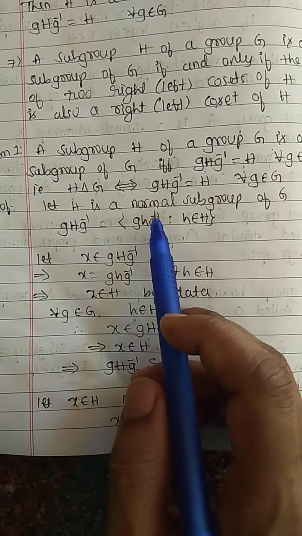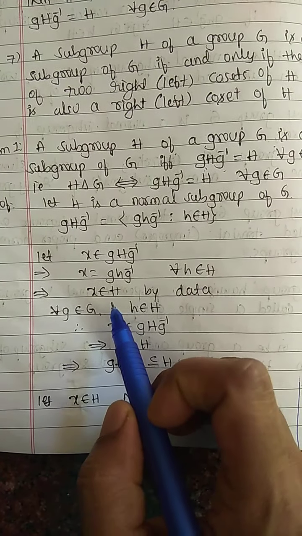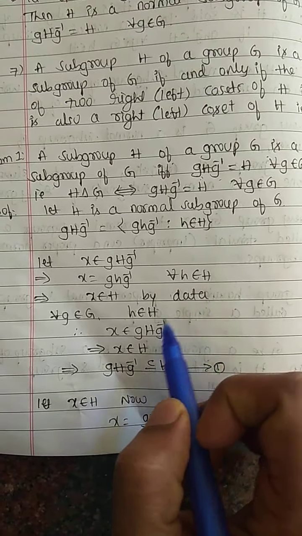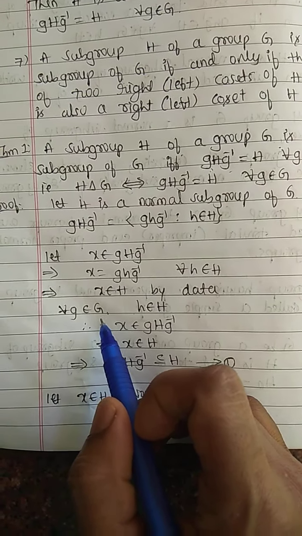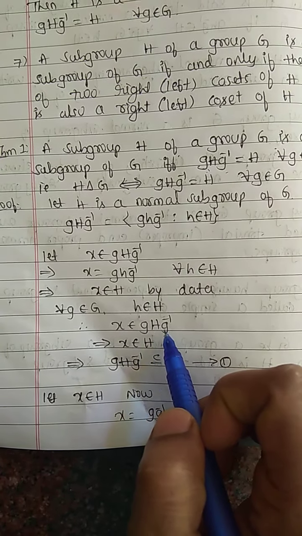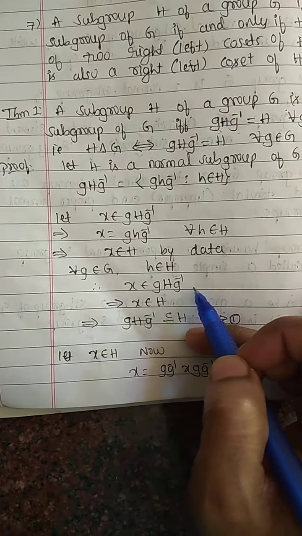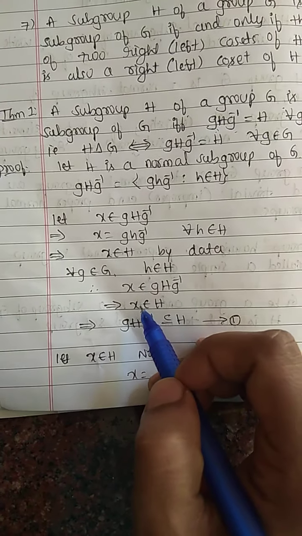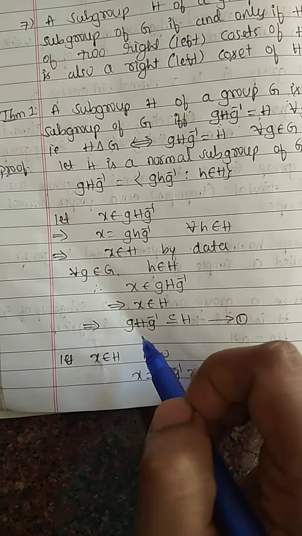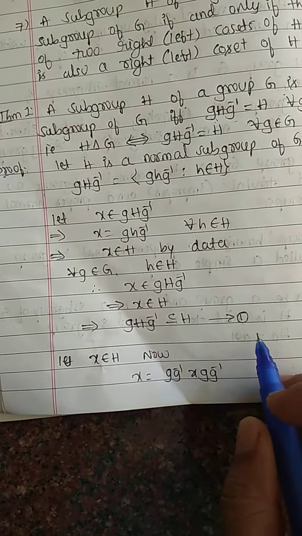Then x is of the form g h g inverse, h belongs to H. It is given that H is normal, so x belongs to H. Therefore, g H g inverse is contained in H. Call it equation number 1.